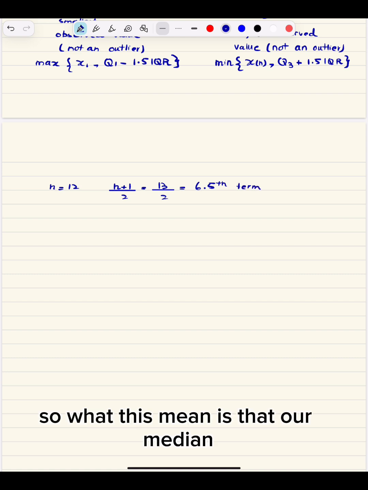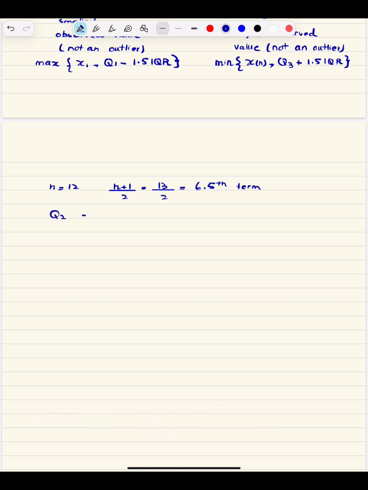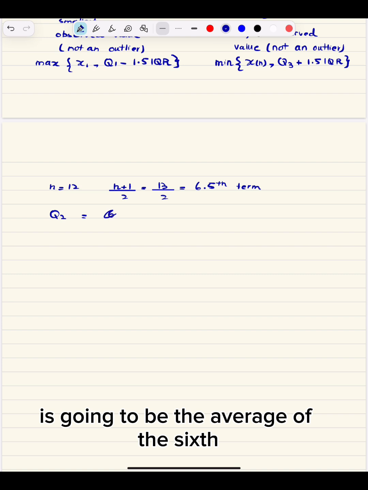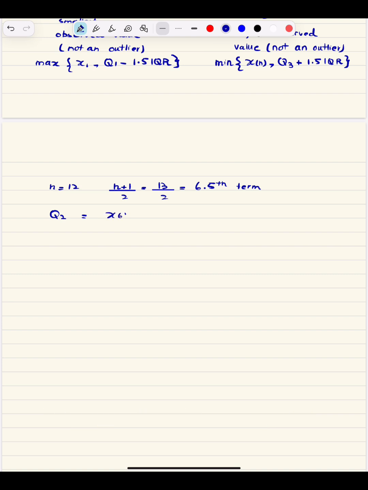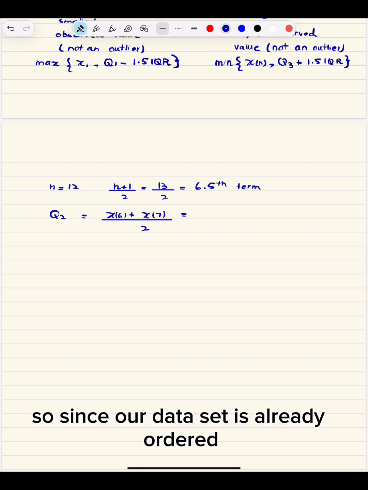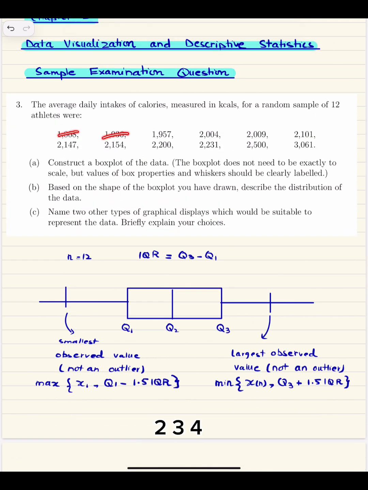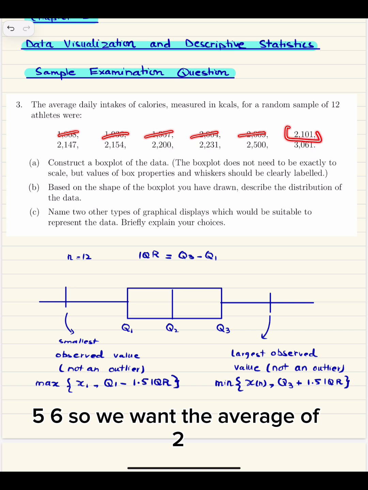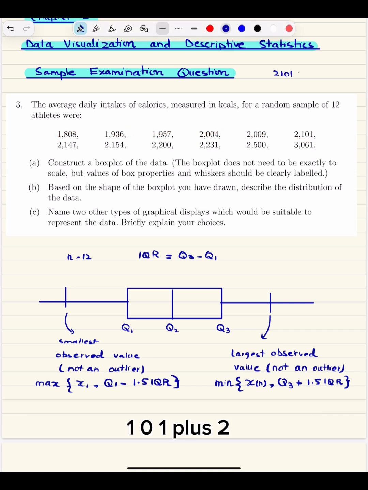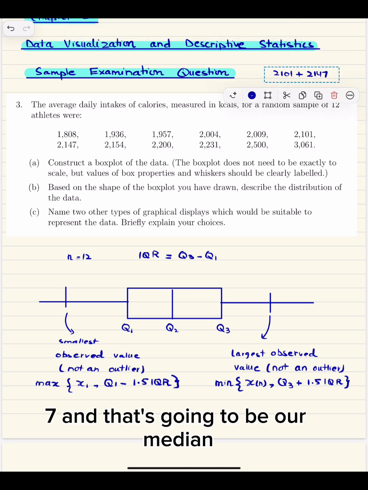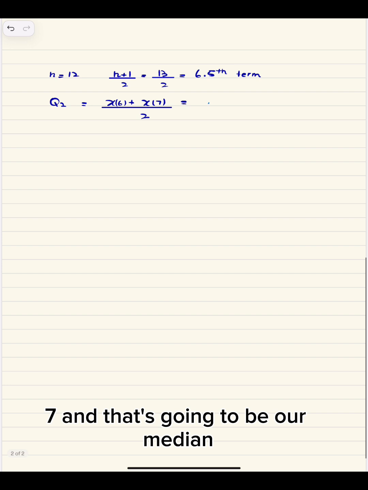So what this means is that our median is going to be the average of the 6th and the 7th term. Since our data set is already ordered, let's see what the 6th term is: 1, 2, 3, 4, 5, 6. So we want the average of 2101 plus 2147, and that's going to be our median.